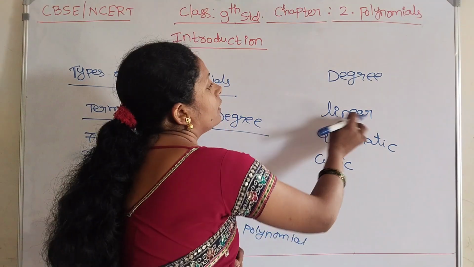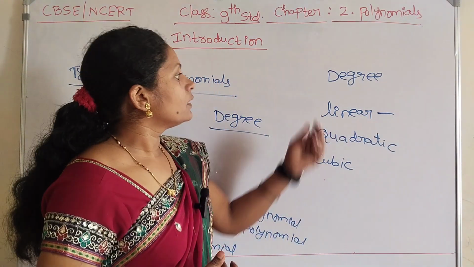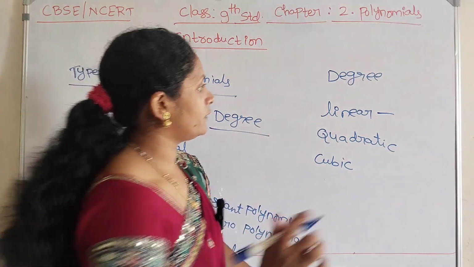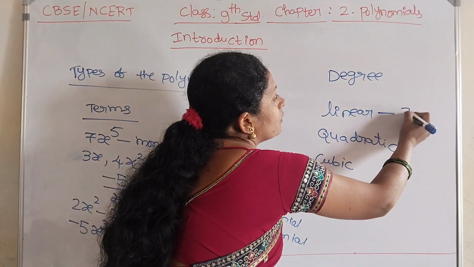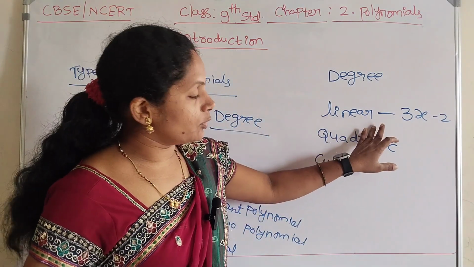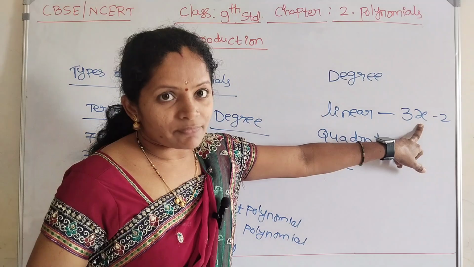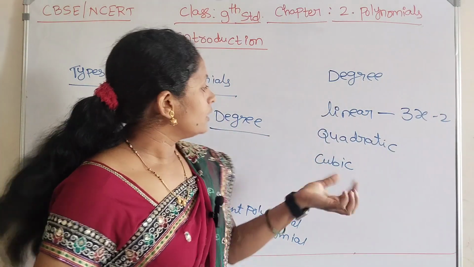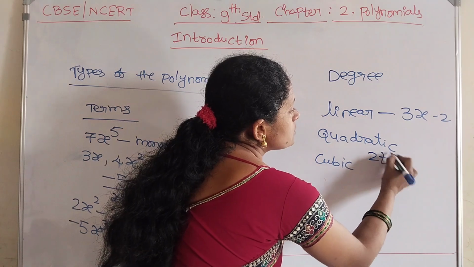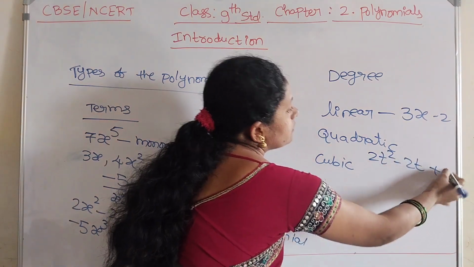A polynomial of degree 1 is called a linear polynomial. For example, 3x minus 2 is a linear polynomial because here we have used the variable x, and its degree is 1. Next comes the quadratic polynomial, 2t square minus 2t plus 1.